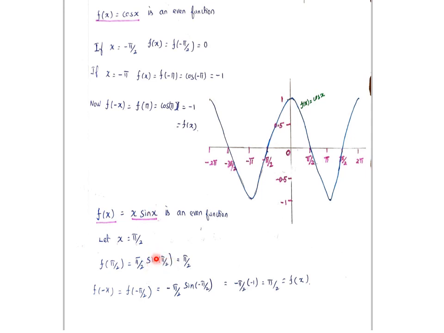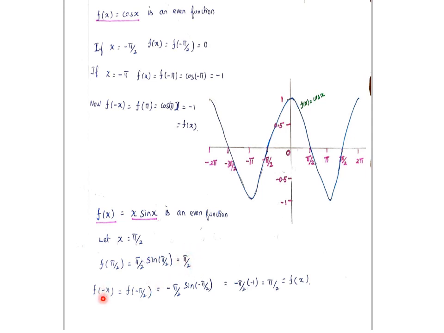Sin of pi by 2 is equal to 1, as we know. Therefore, pi by 2 into 1 is equal to pi by 2.